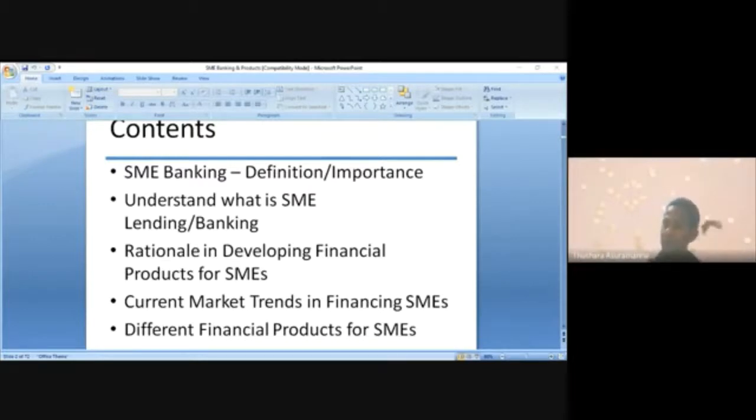Anything to add, like Roshni? Chandran, anything to add on SME clients, SME business? How do you see the SME business? Is it a risky business compared to corporate business, or is it less risky? Yes, very good point.